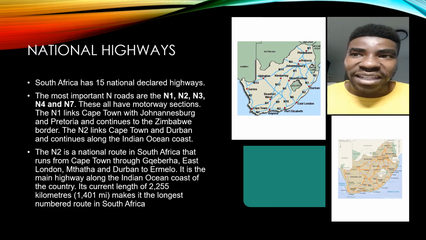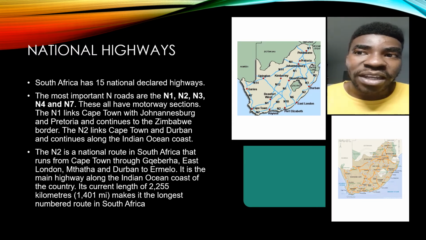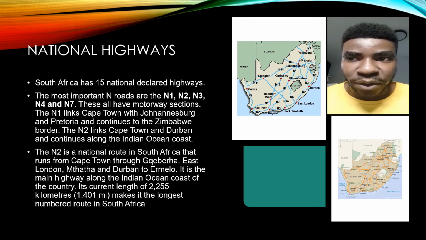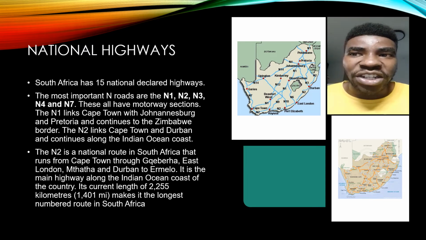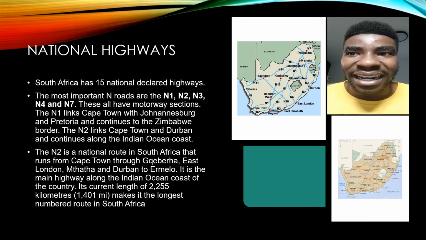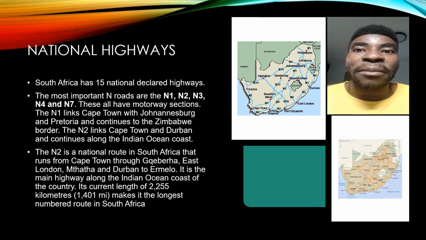The N1 links Cape Town with Johannesburg and Pretoria and continues to another country, Zimbabwe. And also the N2 links Cape Town and Durban and continues along the Indian Ocean coast. So the N2, National Road 2, is a national road in South Africa that runs from Cape Town to Gqeberha, East London, Mthatha, and Durban to Ermelo.